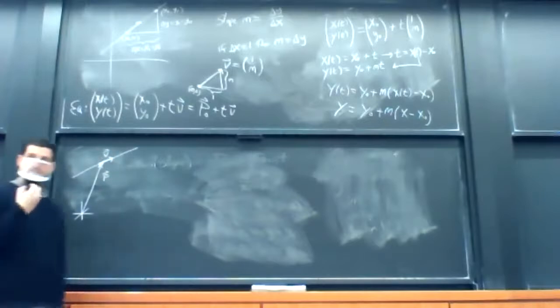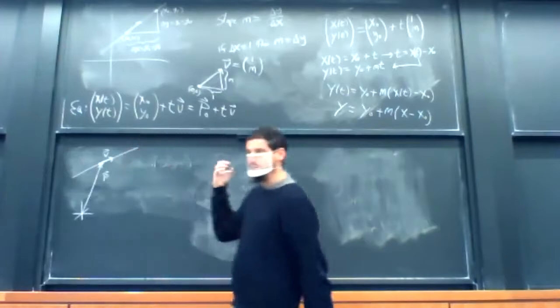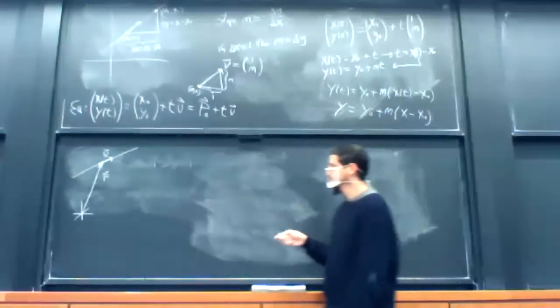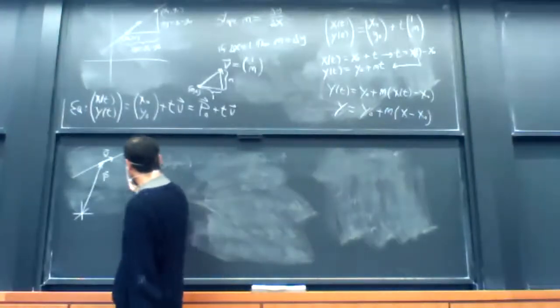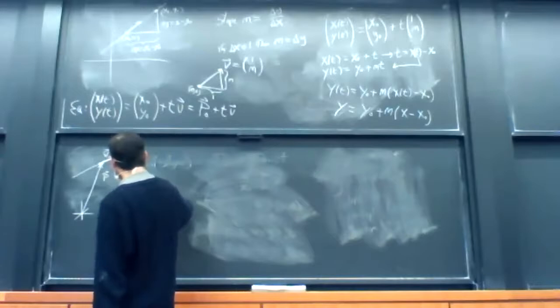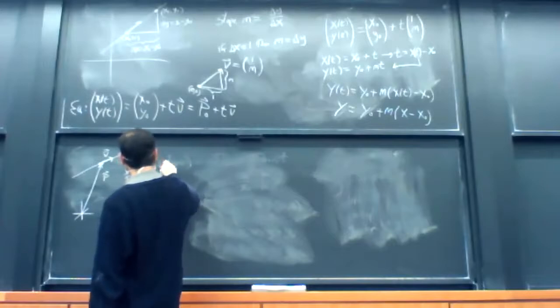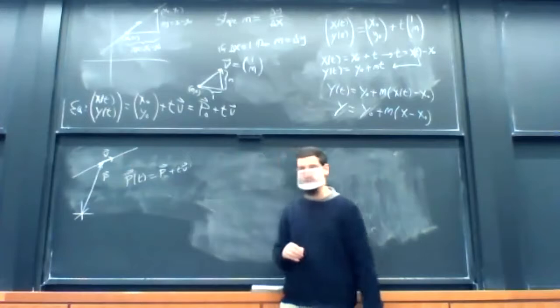So if I'm going to give you a line, I have to give you two pieces of information, a point and a direction. And so we could say, if you wanted to, P at some time T is P plus T times V. Something like that would be the equation of the line.